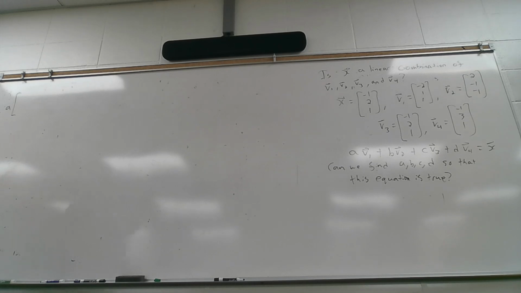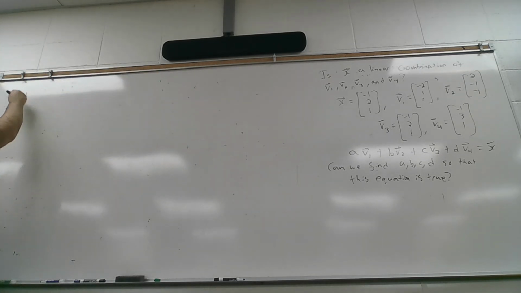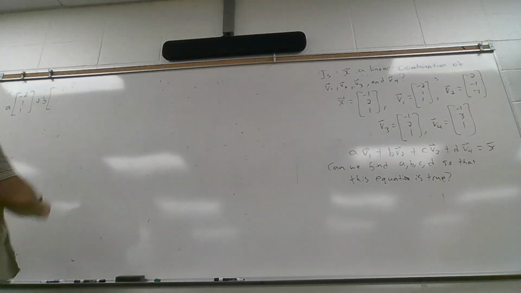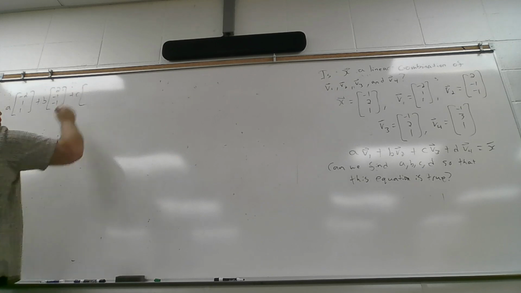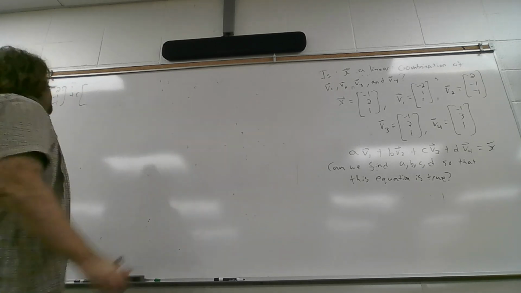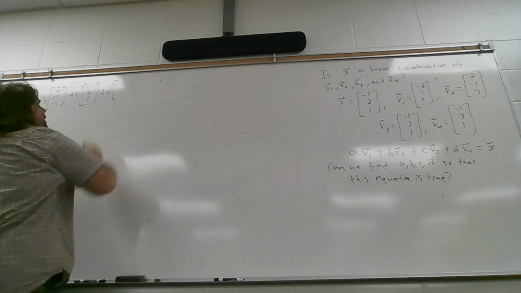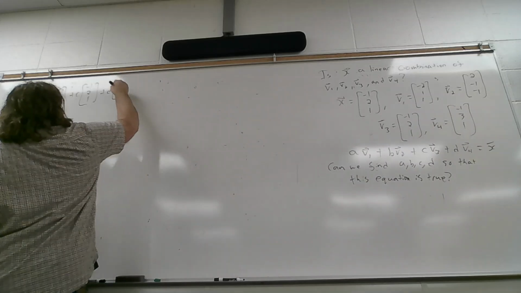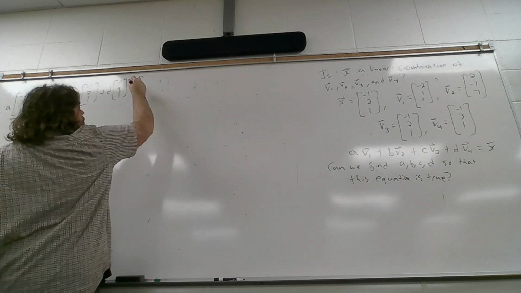That's the thing we're trying to find out. Times that first vector, minus 2, 1, 1, plus B times that second vector, 2, minus 1, minus 1, plus C times that third vector, minus 1, 2, 1, plus D times that fourth vector, minus 1, 3, 1, has to equal whatever X was, minus 1, 2, 1.